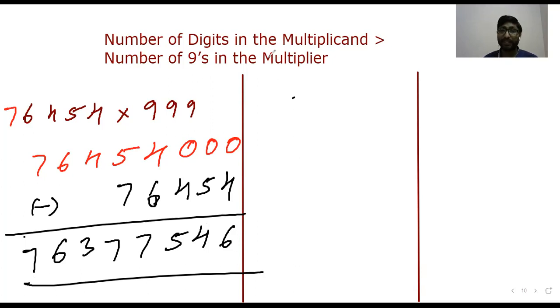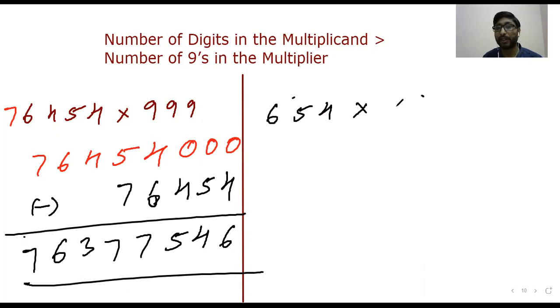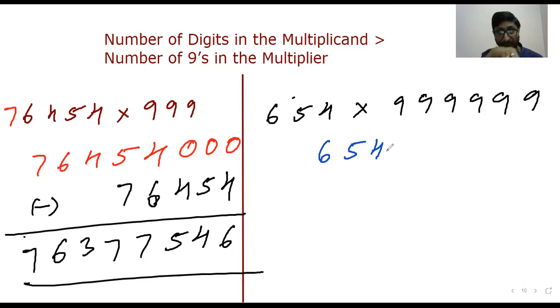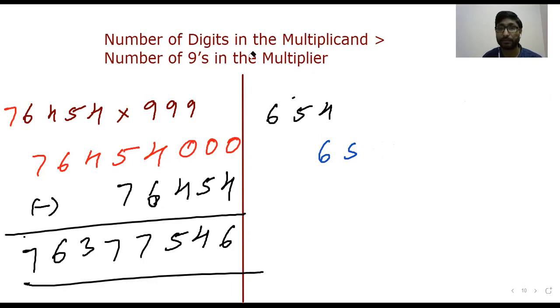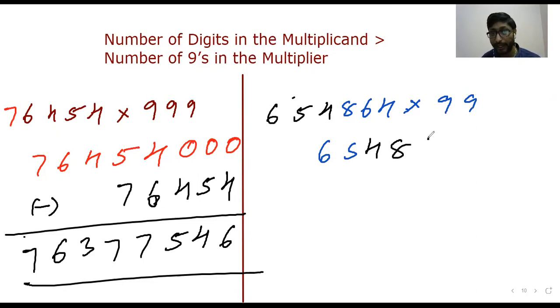One more example of this, and I'll close this concept. 6, 5, 4, 8, 6, 4, multiplied with 999. Six nines, sorry, no, 999.